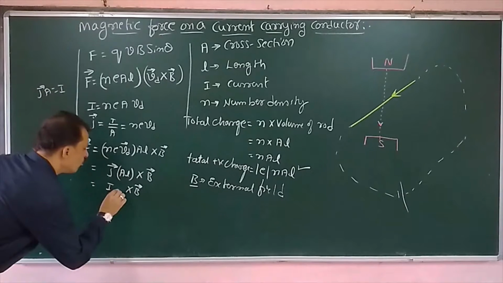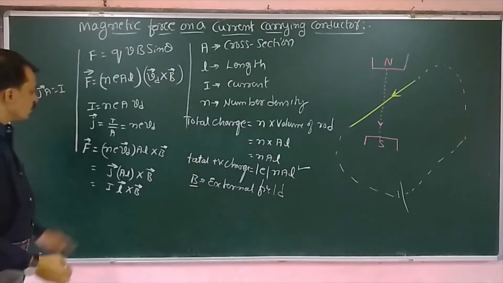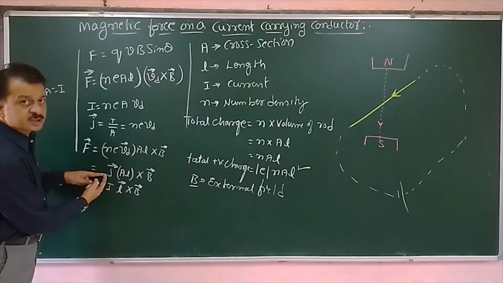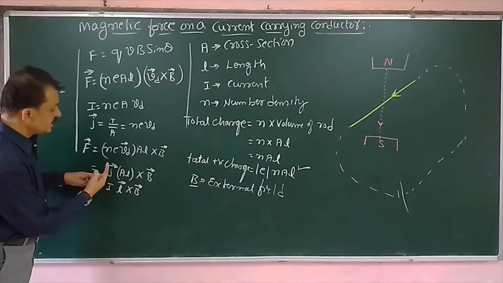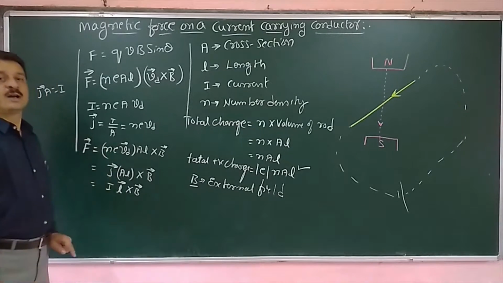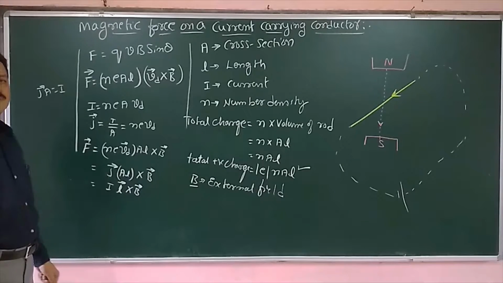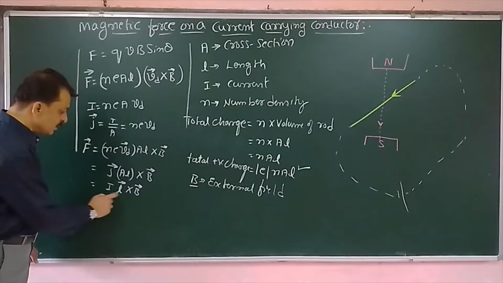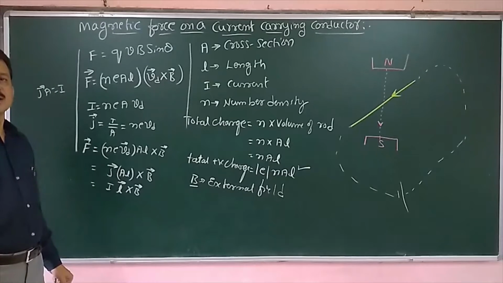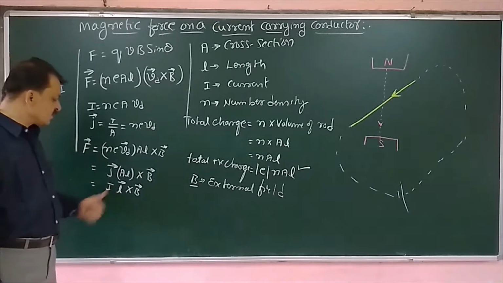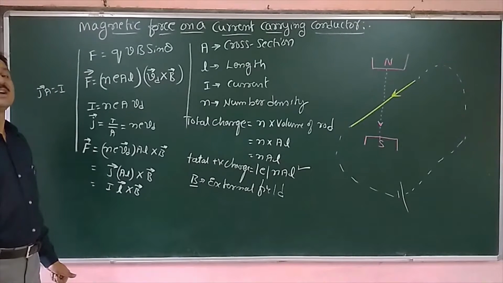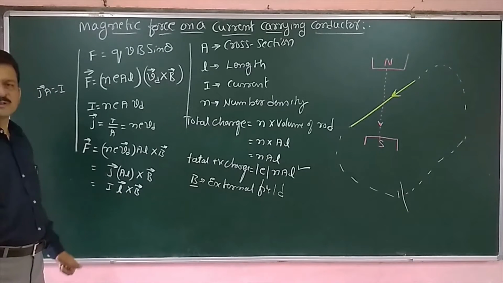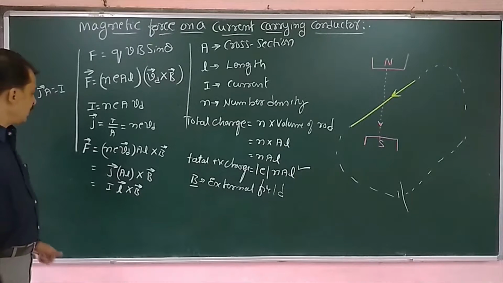So therefore, what we are going to do is, we are shifting this vector notation from the current density vector to the length vector. Even though length is a scalar, here current multiplied by the length is taken as a vector quantity, and this is called the current element. That one we call the current element.